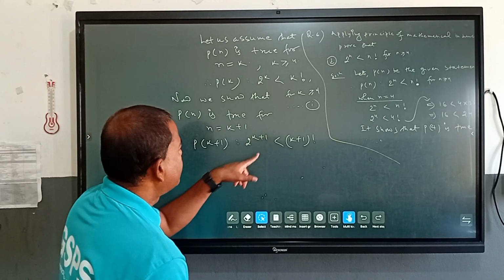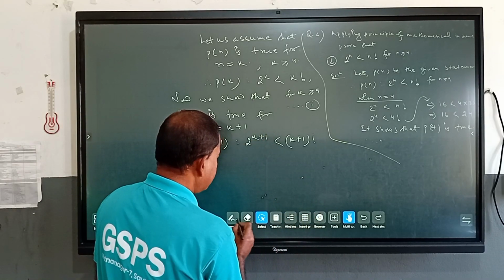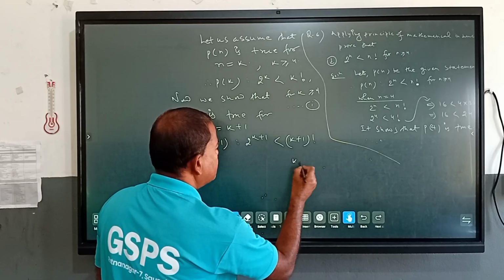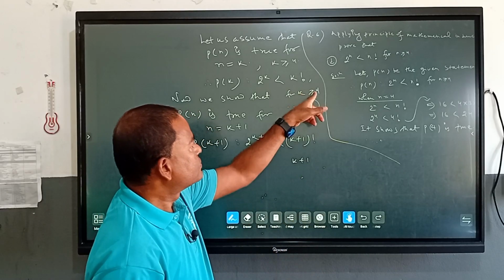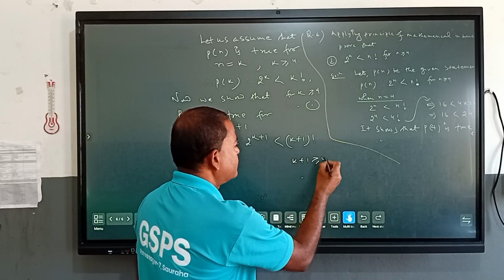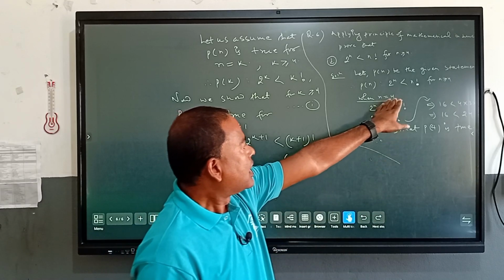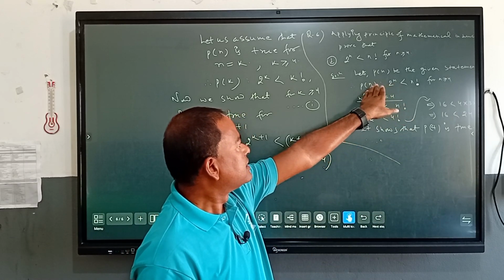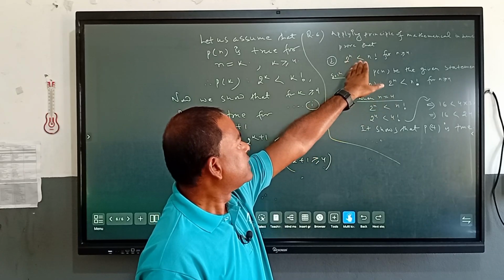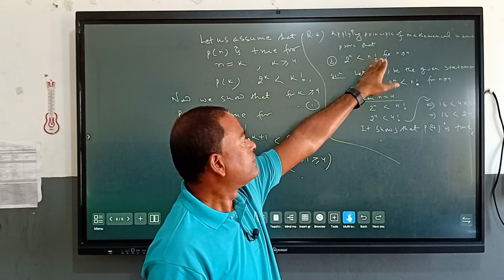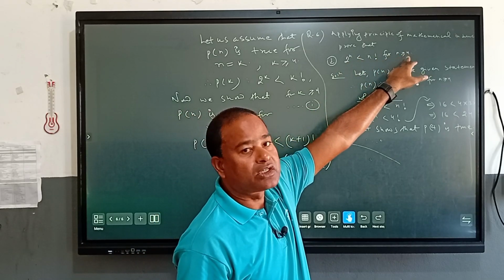Dear students, we have to assume here that k plus 1 is greater than or equal to 4, because our statement is given as 2 power n less than n factorial for n greater than or equal to 4.